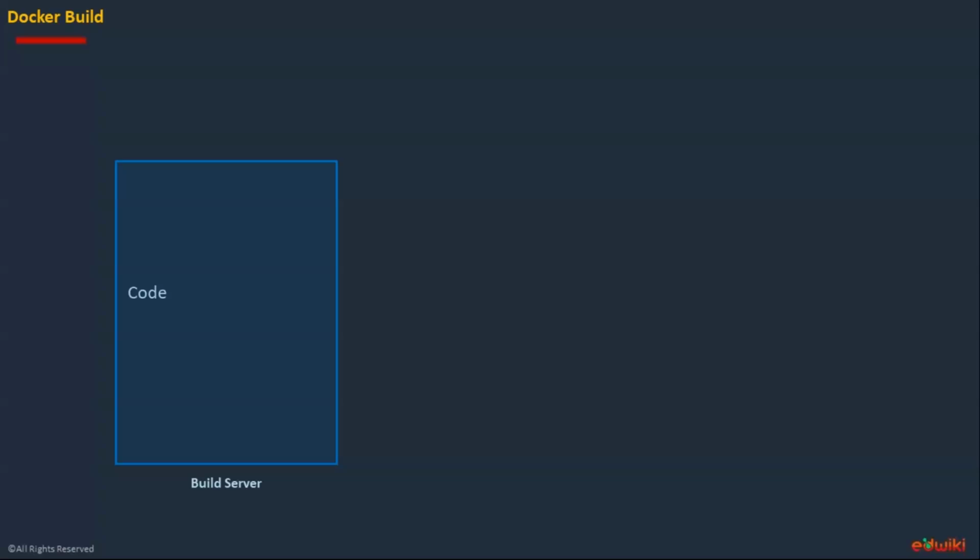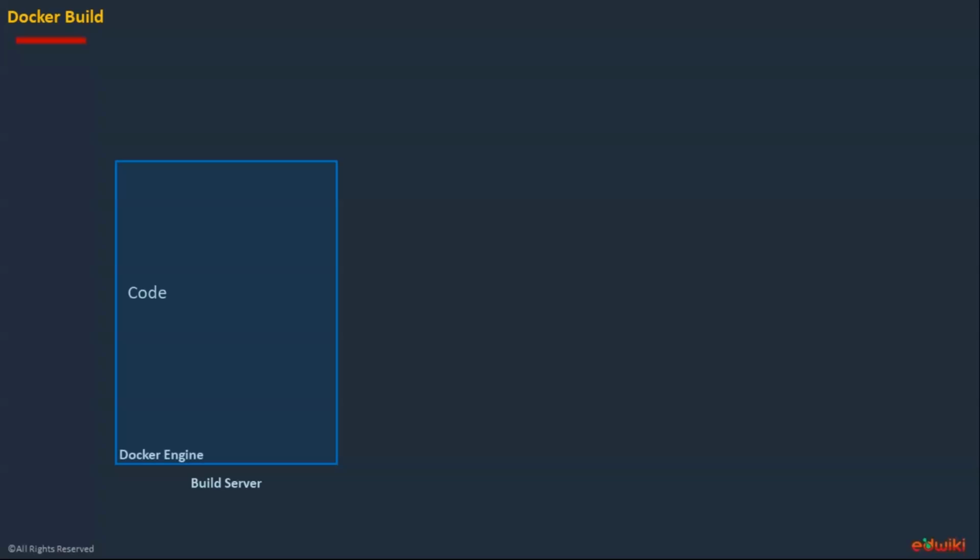We'll talk later about how the developer will give you the code. For now, I have one code file in the build server, and I want to deploy and run this code in dev, QA, perf, and production. That is our goal. As part of that, let me go with the build process.